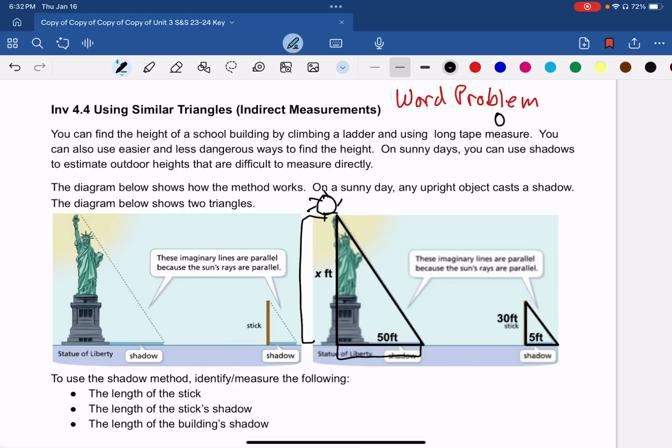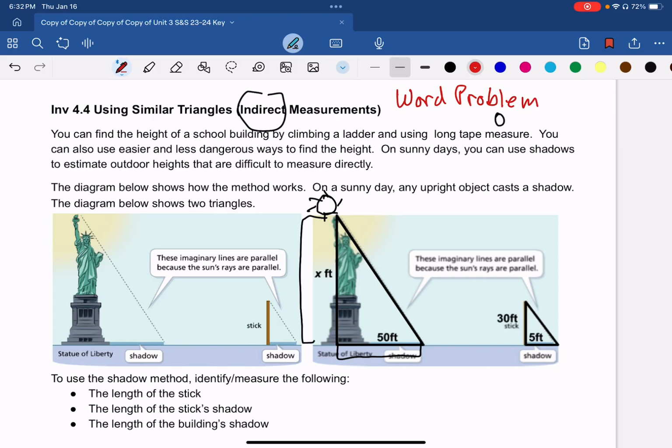Awesome. So you've got a height and you have a width, and then you can connect those two dots and make a little triangle, right? Why do you care? Because if you make a similar triangle, you can indirectly measure the Statue of Liberty. So what do I mean by that?